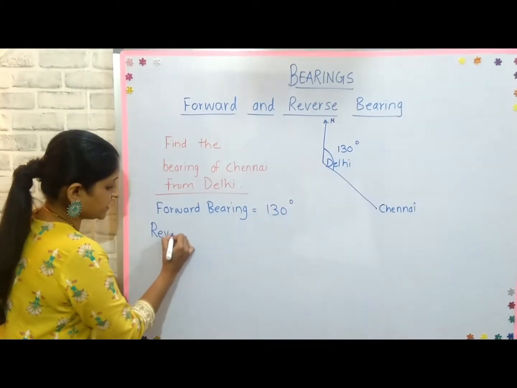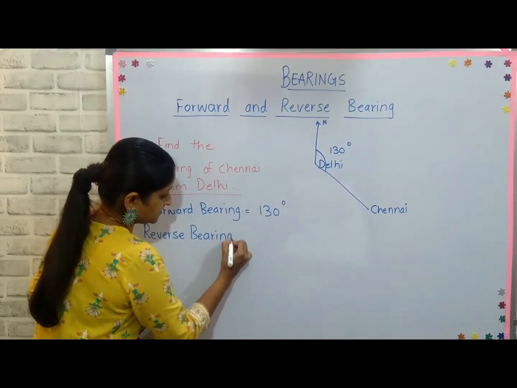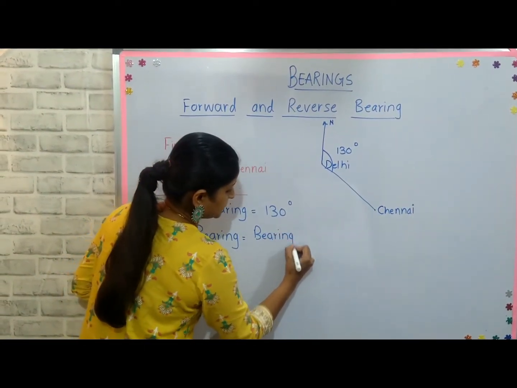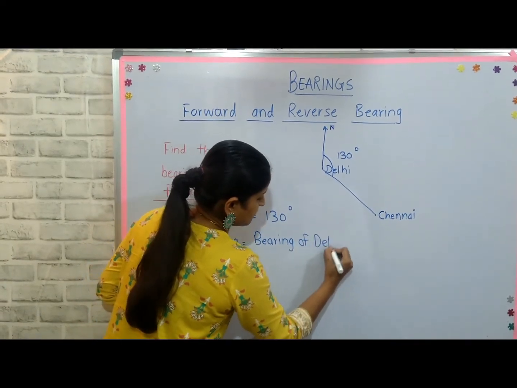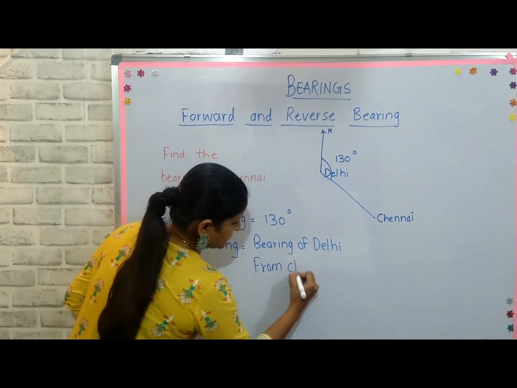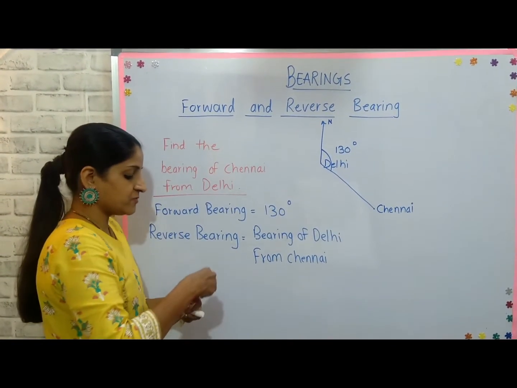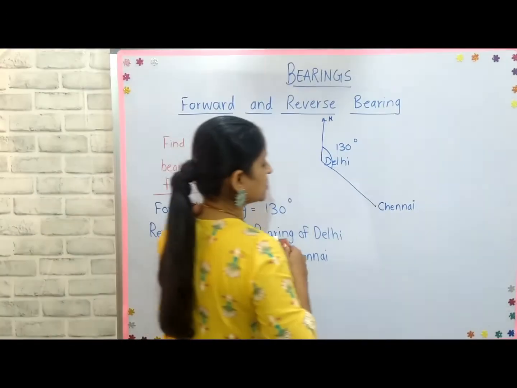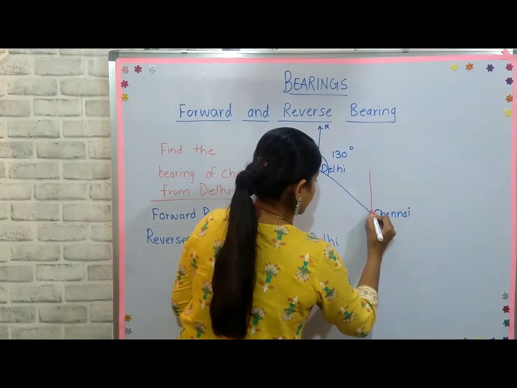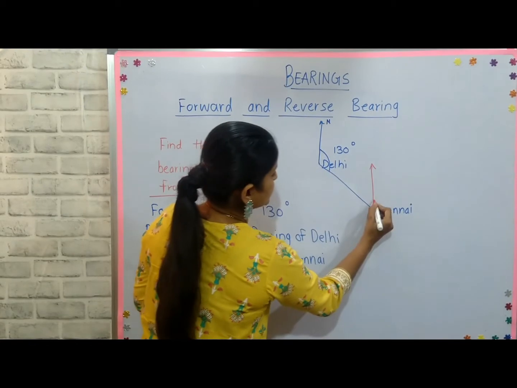The reverse bearing for this is the bearing of Delhi from Chennai. That means we will have to draw a perpendicular north at Chennai and then measure the bearing towards Delhi.